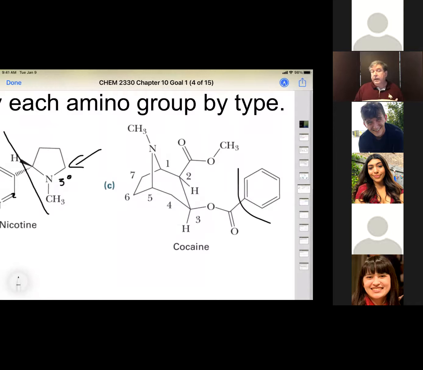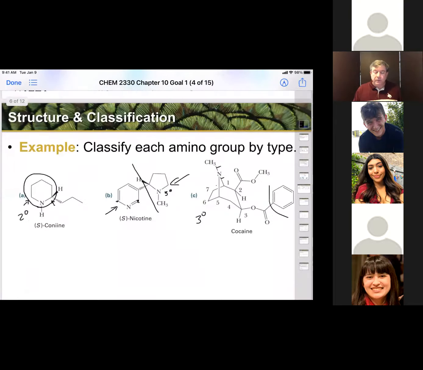It's in a ring, so it's a heterocycle, and it has three bonds to carbons, so it's a tertiary heterocyclic amine. We need to make sure we can classify each of these types as aliphatic amines, aromatic amines, heterocyclic aliphatic amines, and heterocyclic aromatic amines.